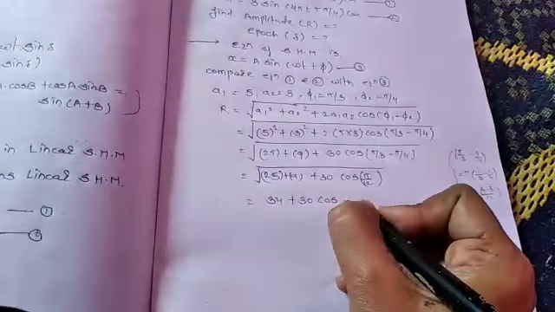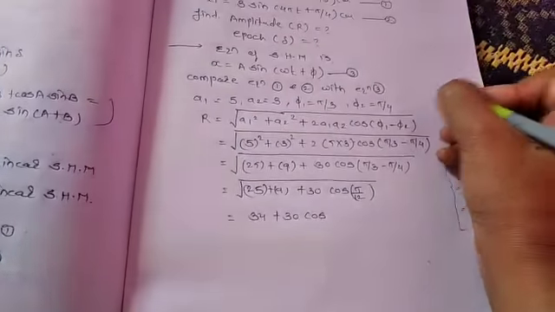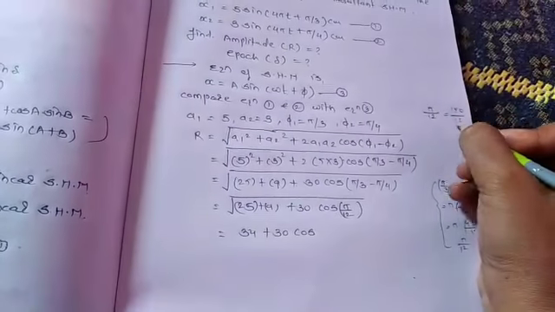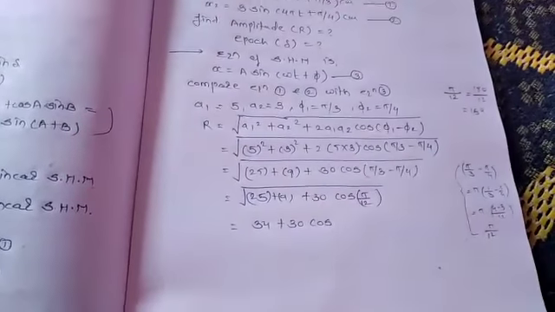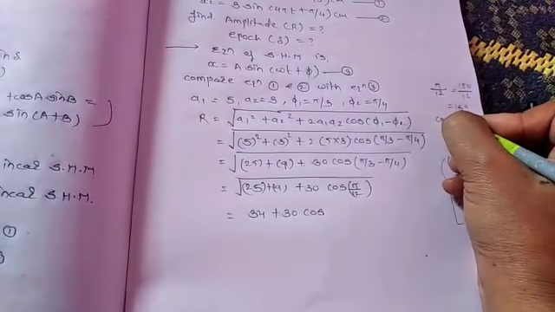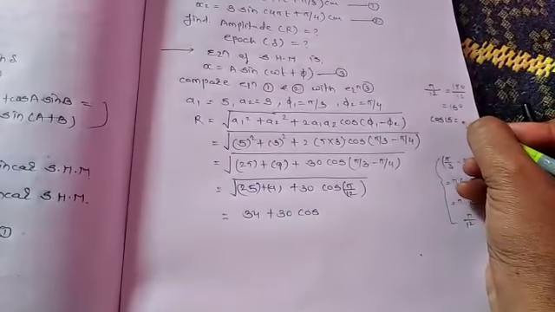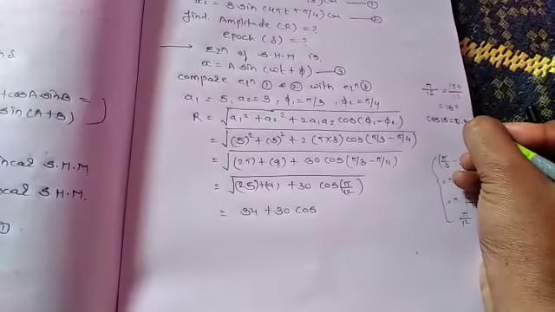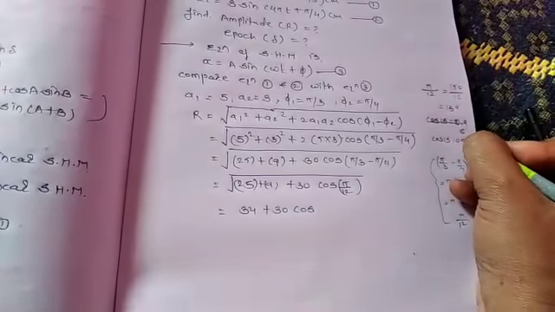This pi is 180, so 180 by 12 is 15 degrees. So we need cos 15, which I have already solved: cos of 15 is equal to 0.966.